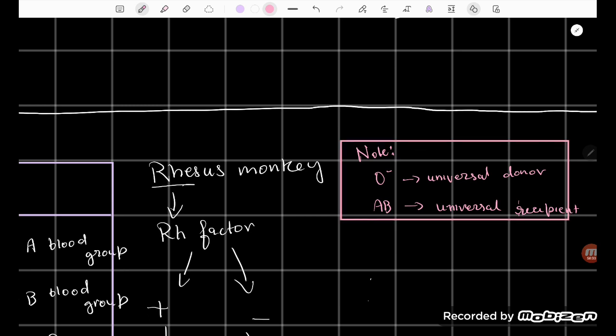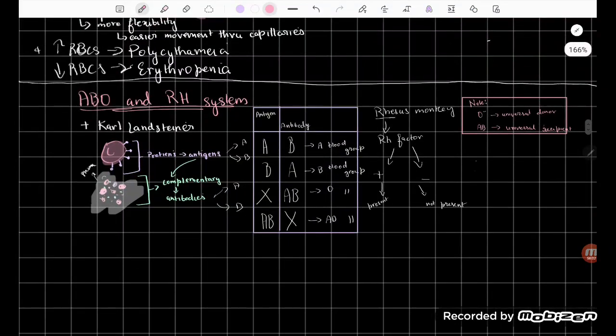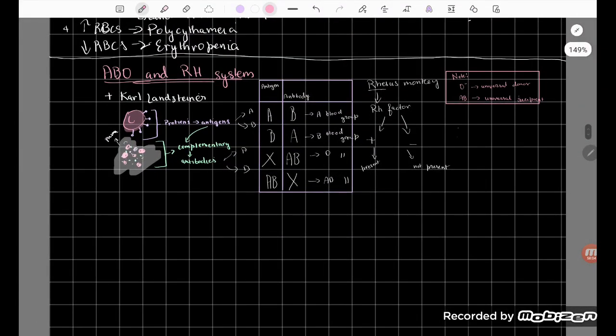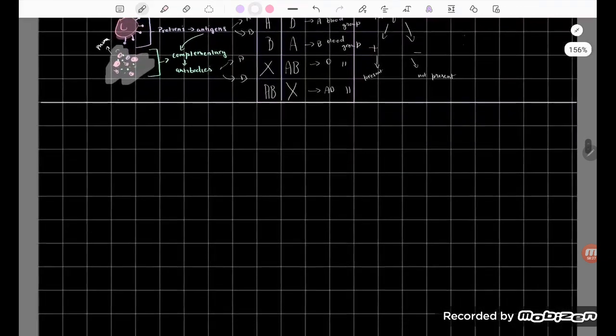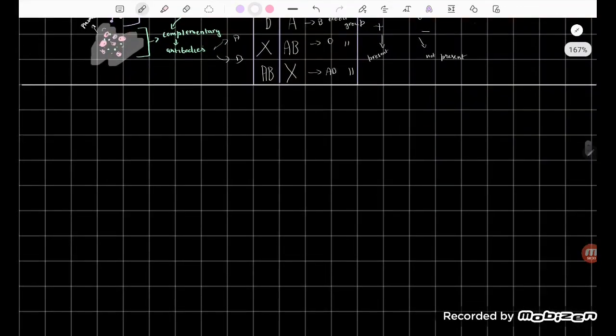That's it for the ABO and RH systems. Let me erase that and draw proper lines this time. ABO blood system done.